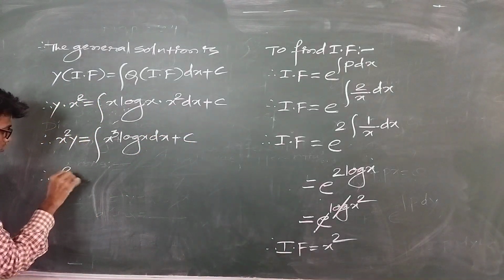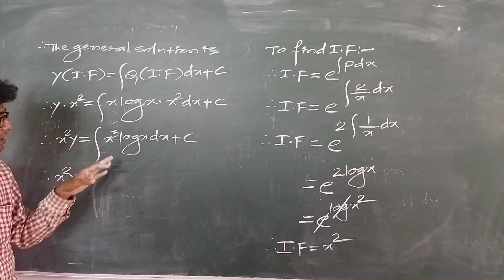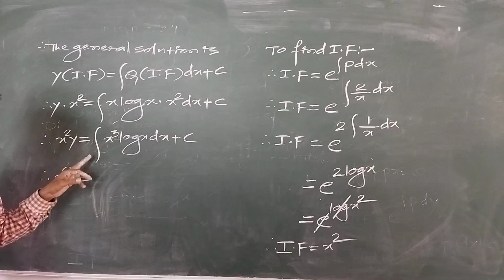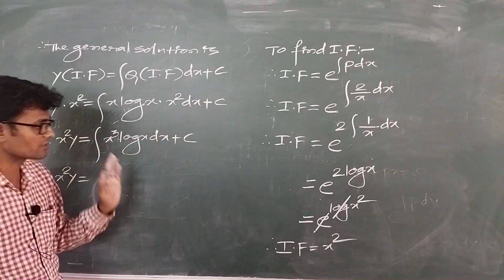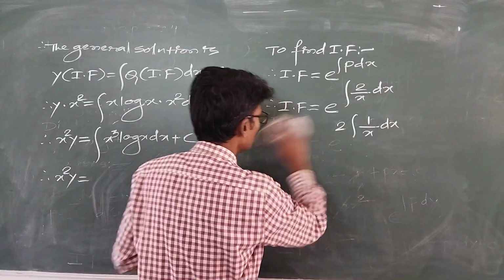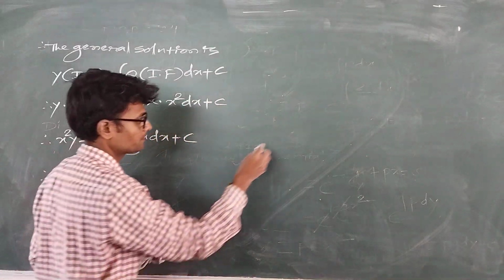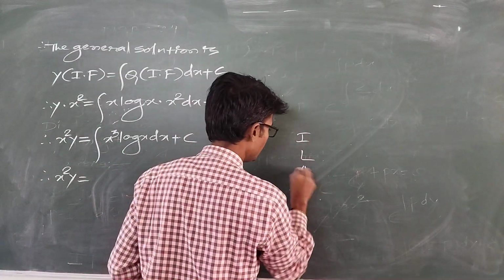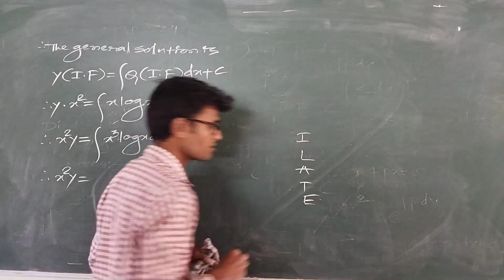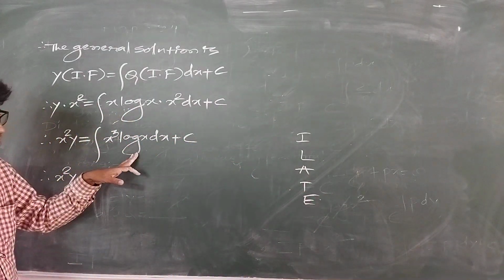Now how to evaluate this integral, integration of x cube into log x into dx? To evaluate this, we use the formula ILATE. Here we have x cube and log x.